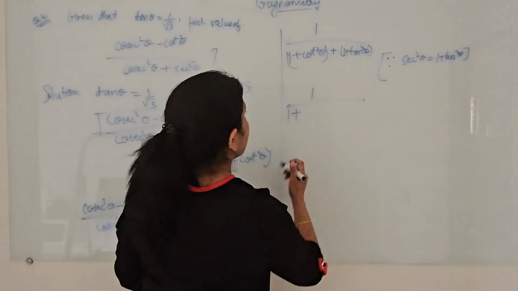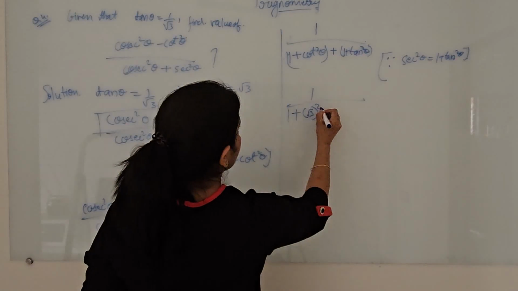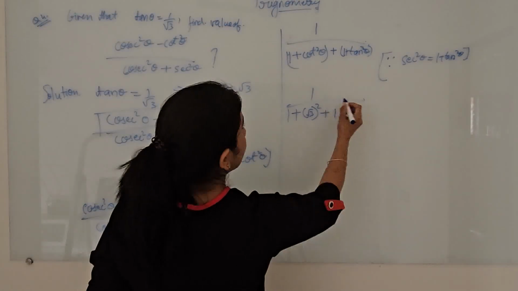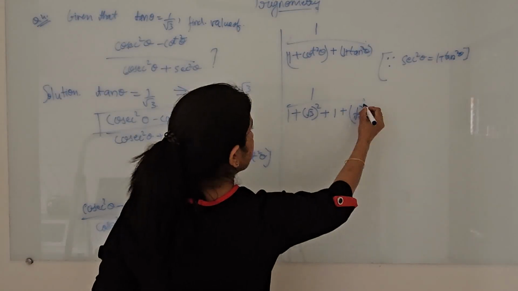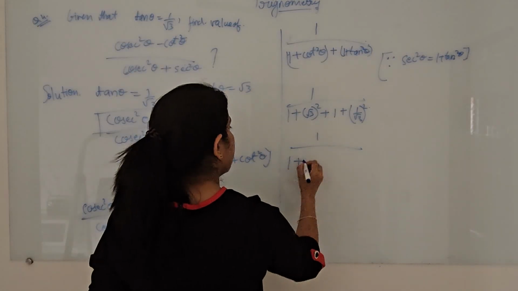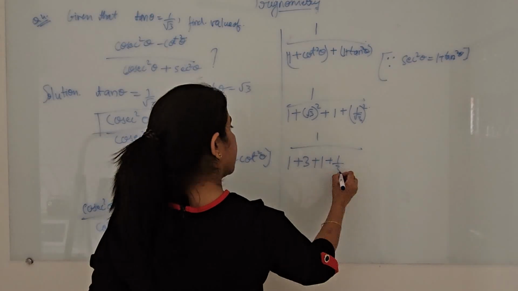Okay. Now directly putting in the values: root 3 square plus 1, and 1 upon root 3 square. So this will be 1 plus 3 plus 1 plus 1 by 3.